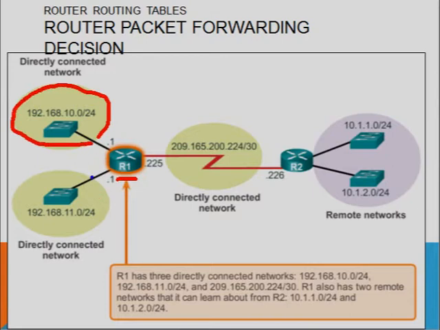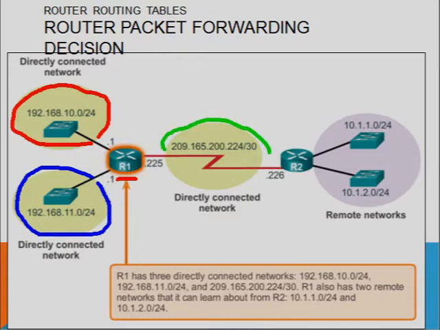The next network is 192.168.11.0, and the third network is 209.165.200.224.